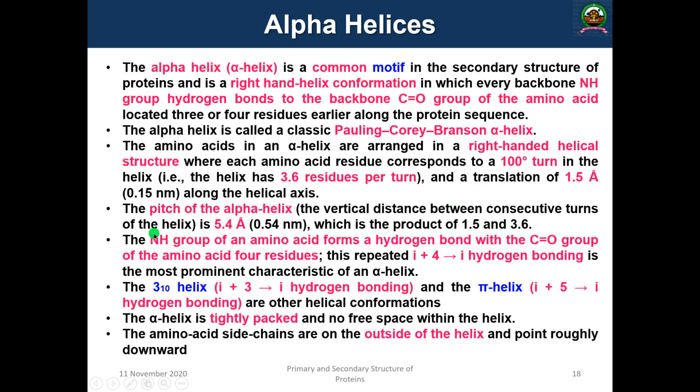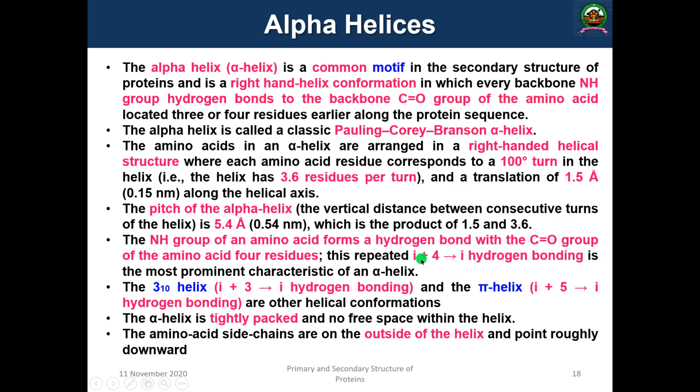And the amino group of an amino acid forms a hydrogen bond with the carboxyl group of the amino acid in the fourth residue. That is what I told you. The amino group of the first amino acid will interact with the carboxy terminal group of the fourth amino acid. That means I plus 4, that is i to i+4 hydrogen bonding.